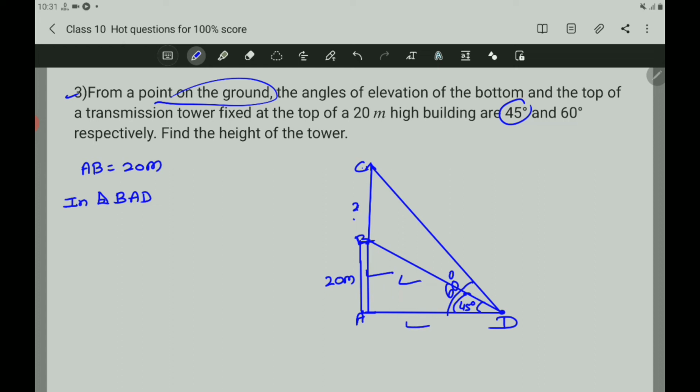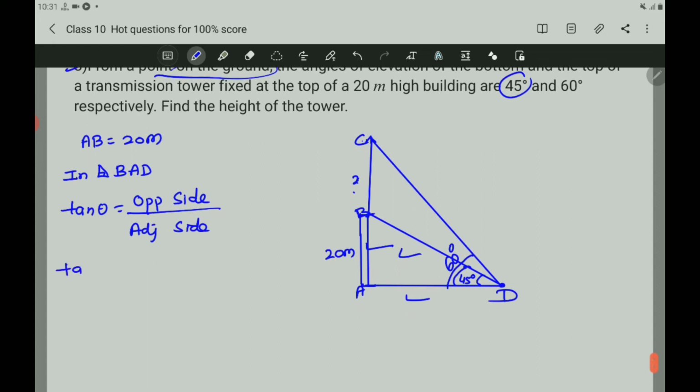So you take the trigonometric ratio, that is tan theta, which is opposite side by adjacent side. So tan 45 degree equals AB by AD.